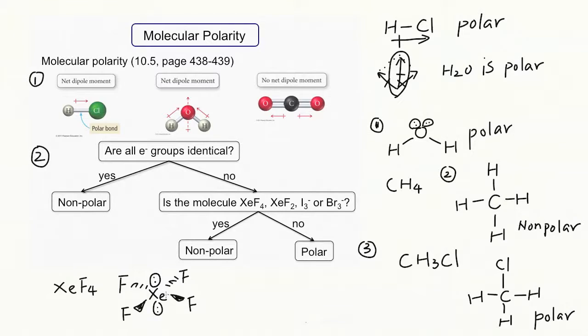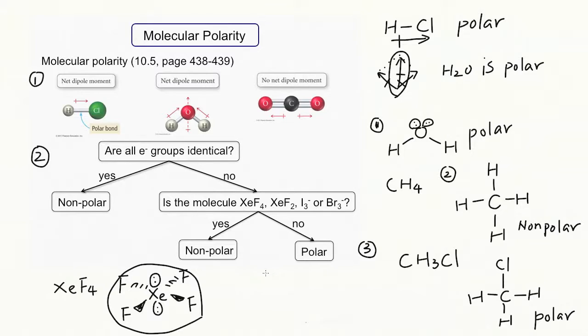So the dipole moments of the bonds all cancel each other out, and the net dipole moment of the whole molecule is 0. So this is a nonpolar molecule. You can use the same strategy, vector addition, to figure out xenon difluoride, triiodide, and tribromide. All of them are nonpolar. These are the 4 exceptions I need you to remember when you use the flowchart.